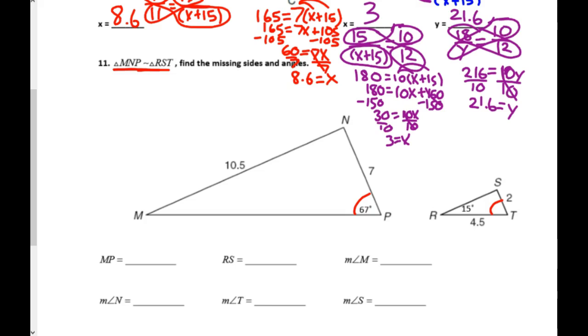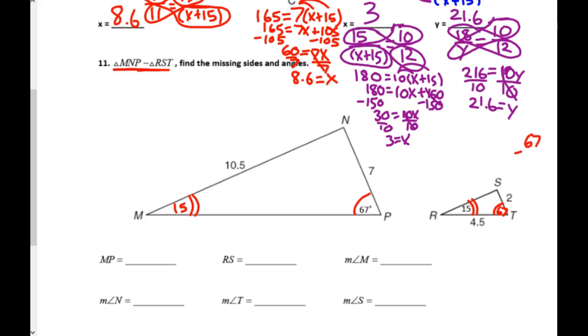Right there, 67 degrees. Okay. And if this is 15, then over here, angle M is going to be 15. And we could do a little math to figure out the missing angles.